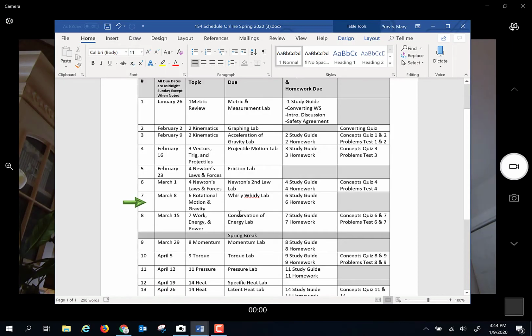of Canvas. You'll notice when you look at our schedule for this week and then the next group of weeks that this week you're going to have a lab due. The lab this week is Whirly Whirly Lab. You're going to have a study guide and a problem set that's due this week. Next week, you're going to engage in another chapter, chapter 7, another lab, another study guide, another homework problem set, and then one concept quiz and problem test that will encompass both weeks.